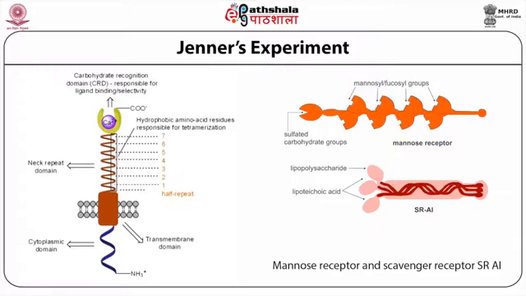Macrophages, which are distributed throughout the body, endothelial cells and dendritic cells have these mannose receptors. In a way, mannose receptors link the innate immune response with acquired immunity, as the pathogens, after being recognized by these mannose receptors, are internalized, after which they are degraded in endosomes and displayed on antigen presenting cells.